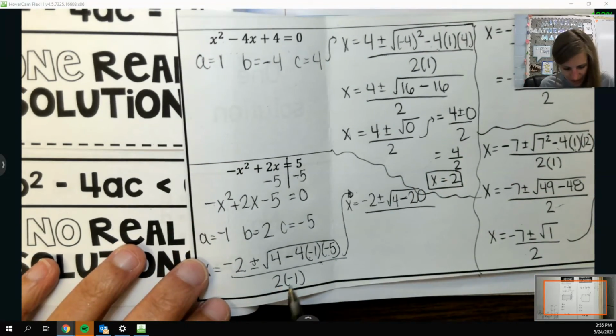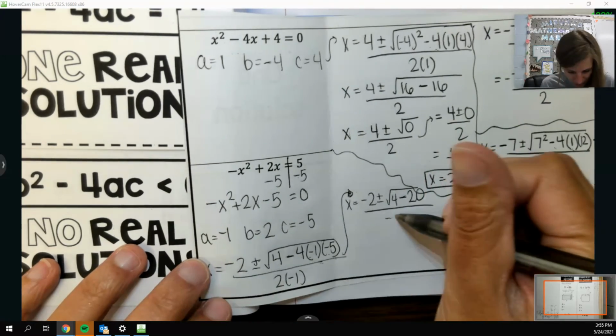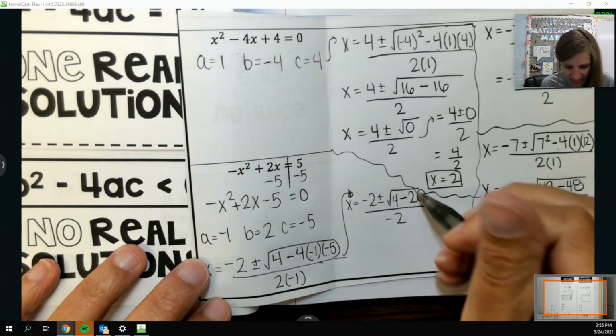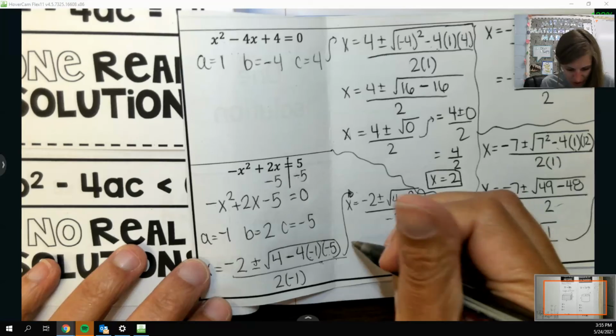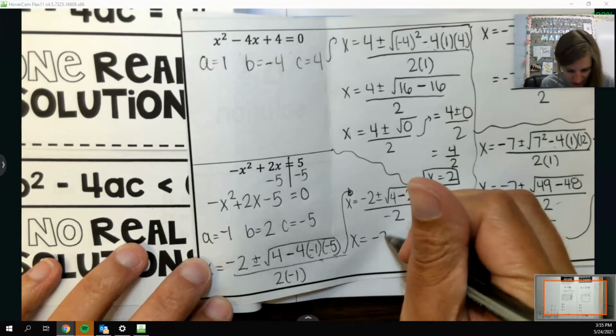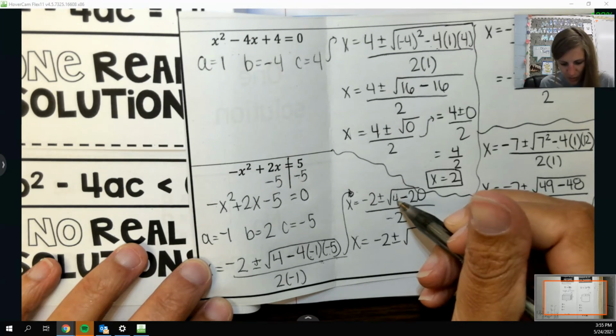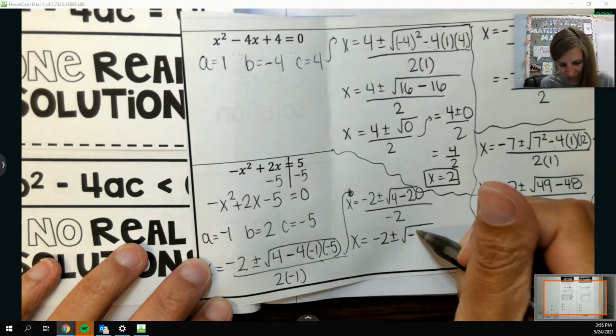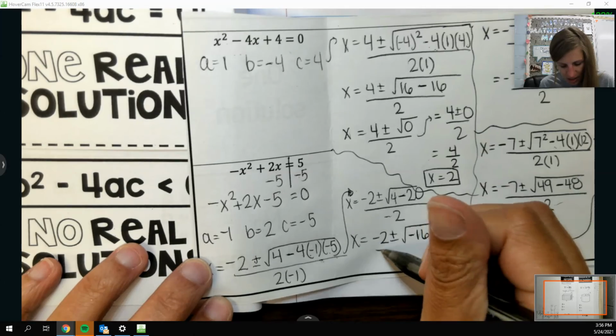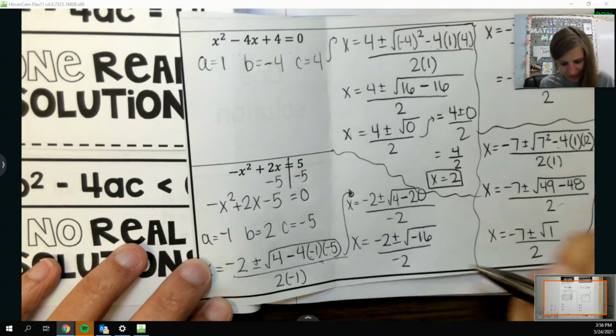All over, really, negative 2. Okay, there's still stuff under the square root to do. So now I'll have x equals negative 2 plus or minus the square root of 4 minus 20, which is negative 16. All over negative 2.